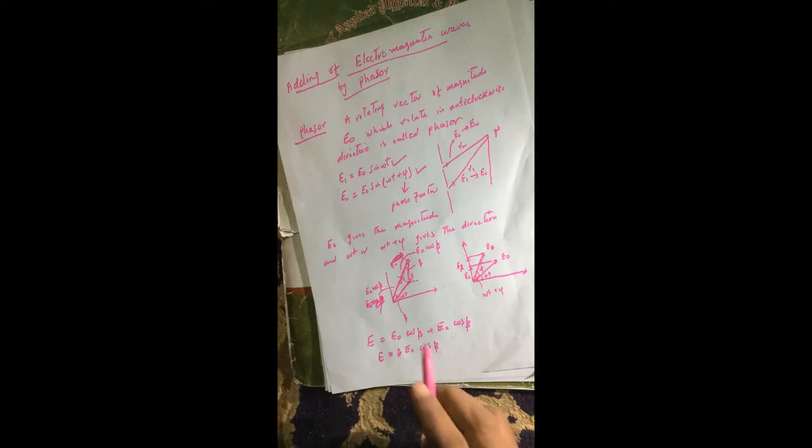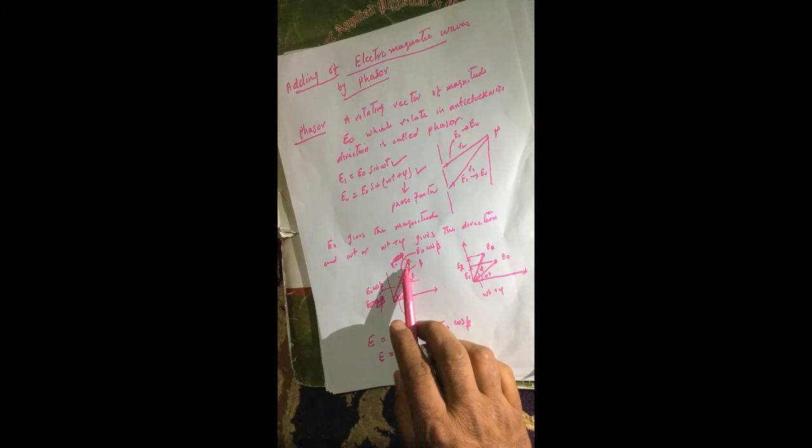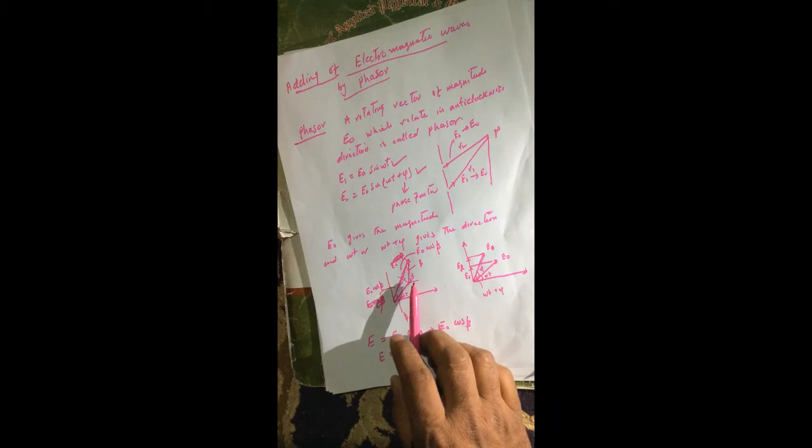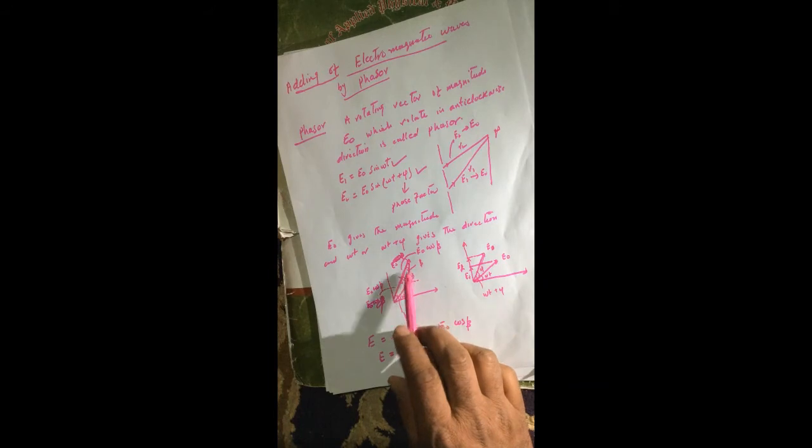Now if we look here, the two angles, this beta and this beta, are equal because they are opposite angles of equal length sides, because this length is the same, this length is the same. So it means this angle will be equal to this angle.